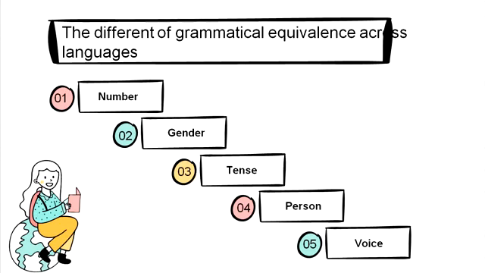For example, this man is a football player from Spain. The word man is translated into Bahasa Indonesia as pria. The word pria is indeed defined as masculine in Bahasa Indonesia.